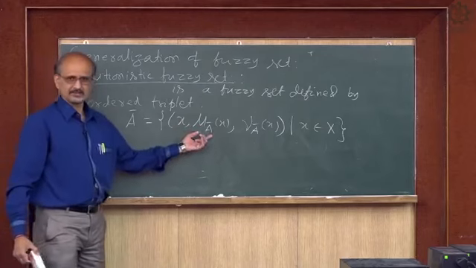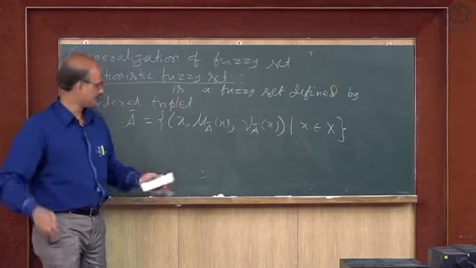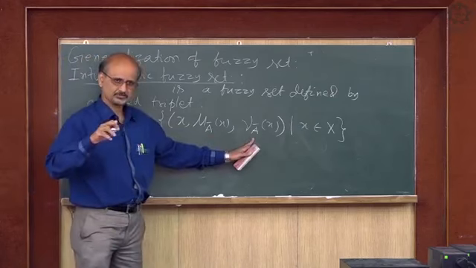Mu A bar x again is a membership function from capital X to 0 1. This is also a function from capital X to 0 1.